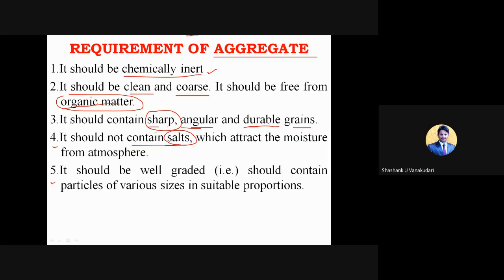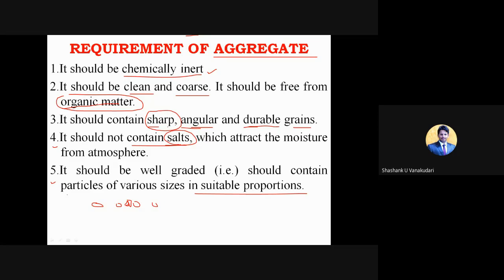And then it should be well graded, such that it contains particles of various sizes in suitable proportions. It's not that the aggregates should be of the same size or same shape. It should be irregular in shape, such that this irregularity in volume is going to give the proper bonding after proper compaction, right?